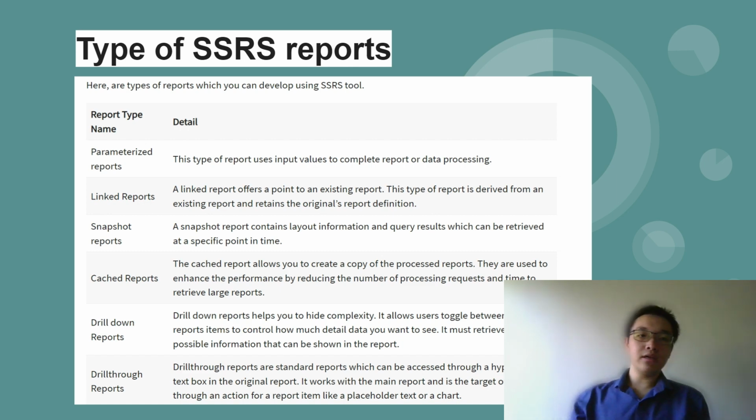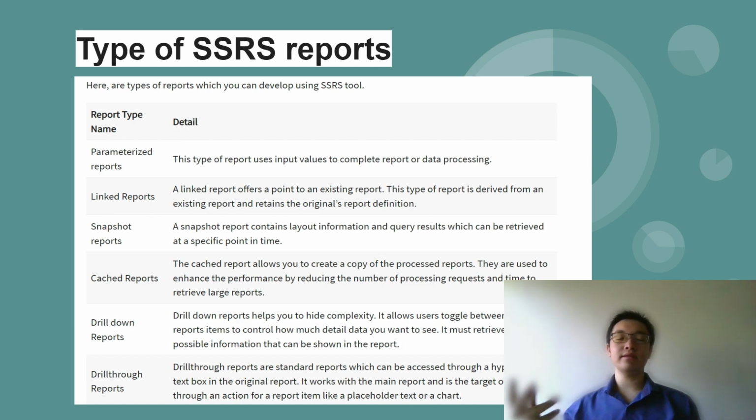Fine. Let us move to the types of SSRS report. Stated there on the screen are a few of the reports that we can use when we process the data. The first one, parameterized report. This type of report is used to input a value to complete the report or data processing.